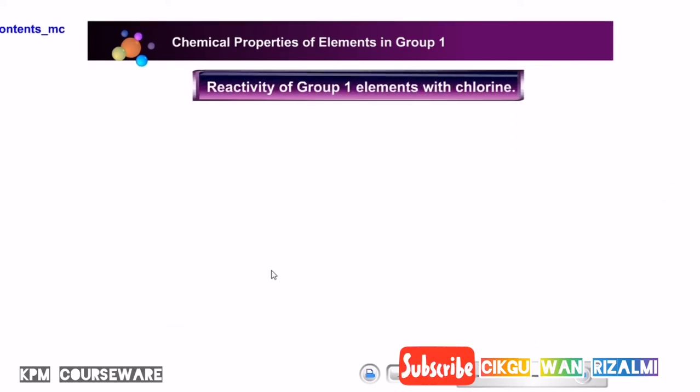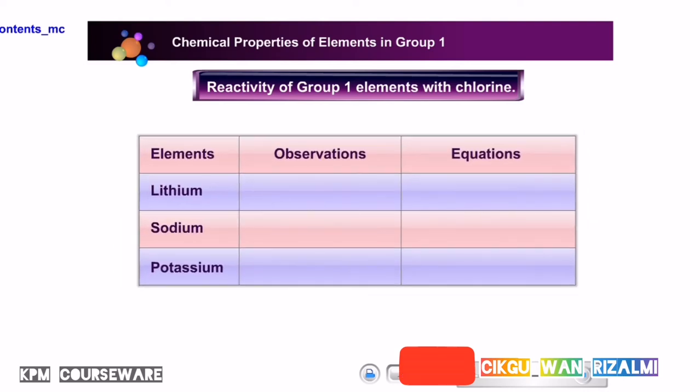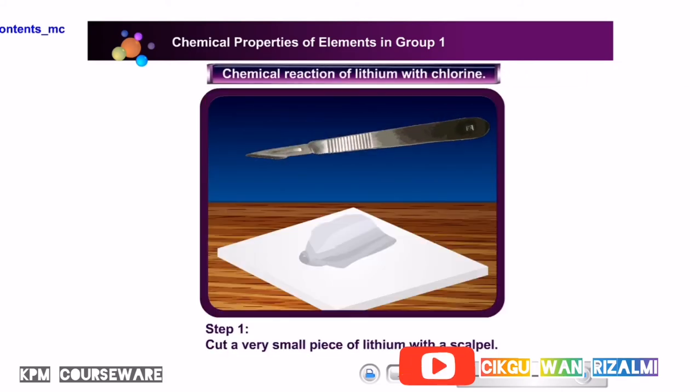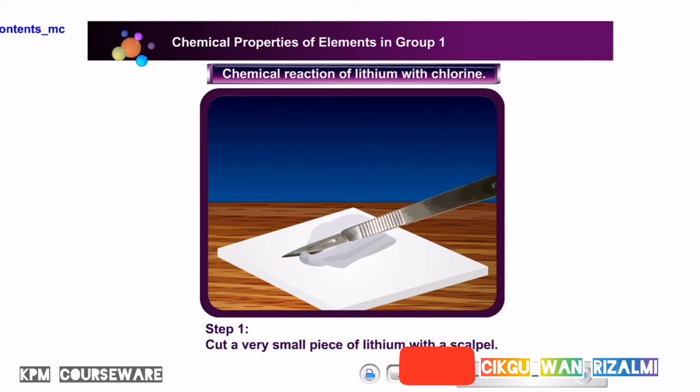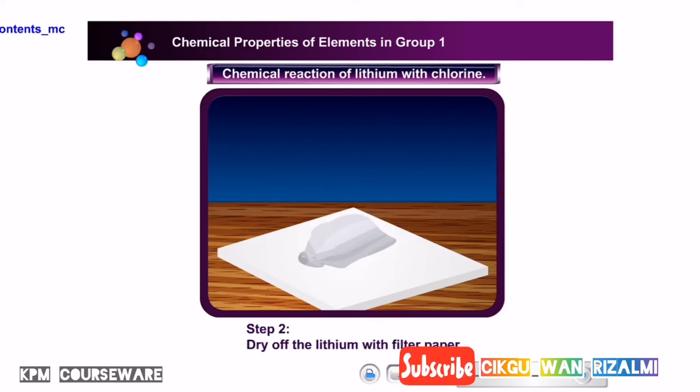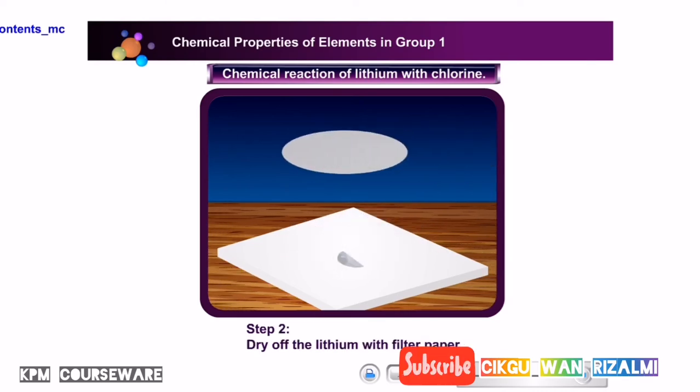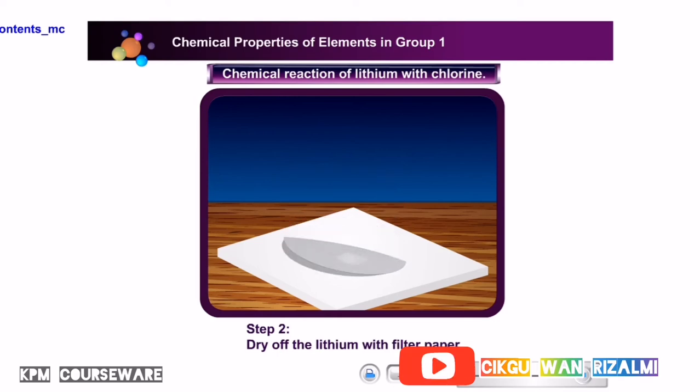Let's now find out the reaction and reactivity of lithium, sodium and potassium with chlorine. Print the table to write in your observation. Cut a very small piece of lithium with a knife, then dry it with filter paper.